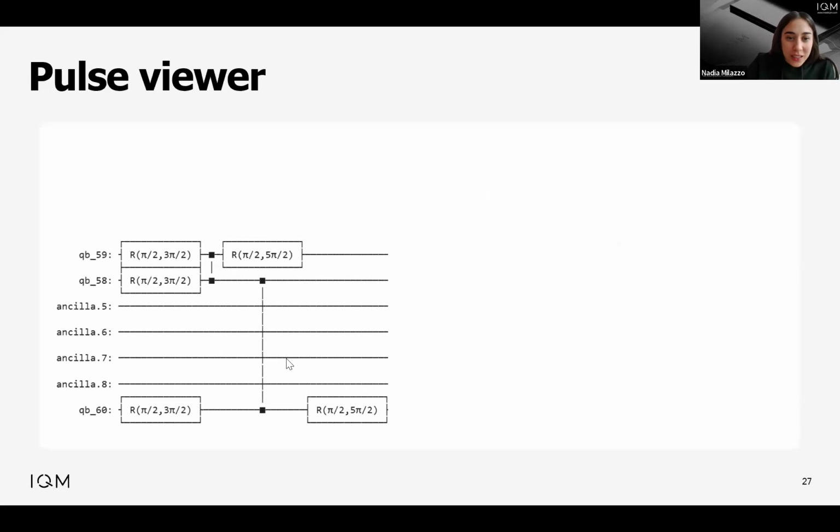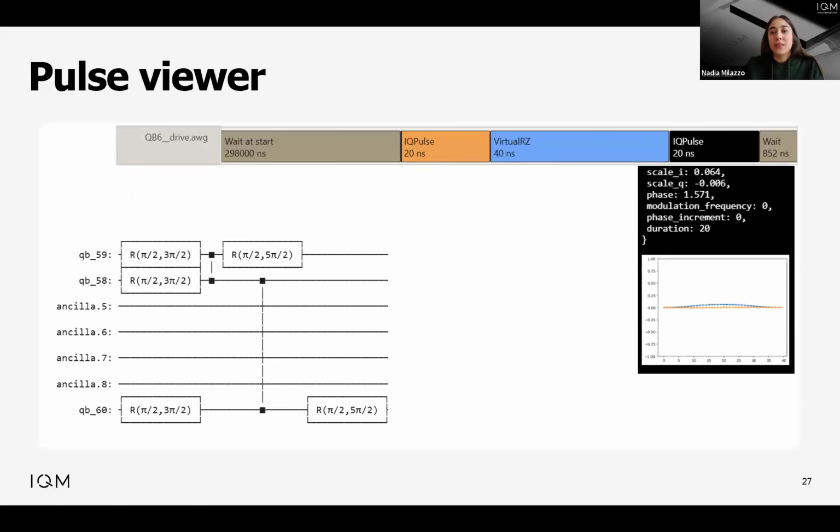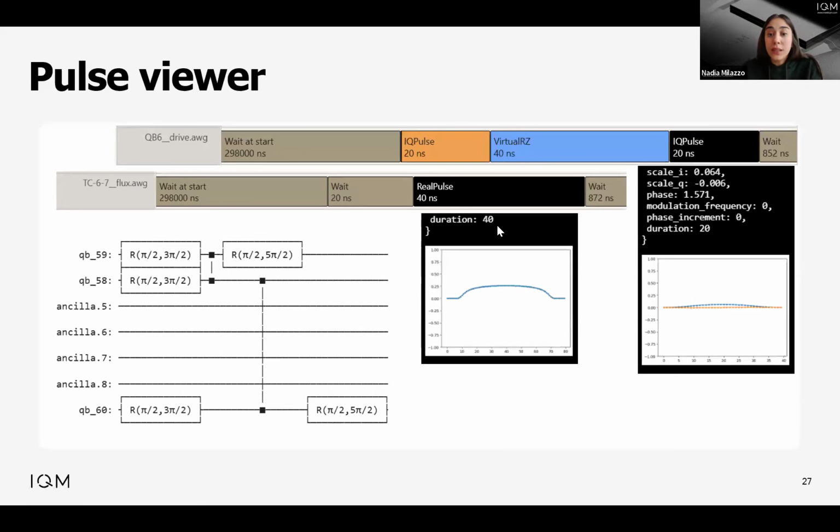Okay, so this is a snap of the circuit that I had obtained previously. Here, for example, I selected this pulse to be shown that looks similar to what we had in our execution right now. Then here I highlighted the pulse that corresponds to the 2 qubit gate that we see in this circuit.